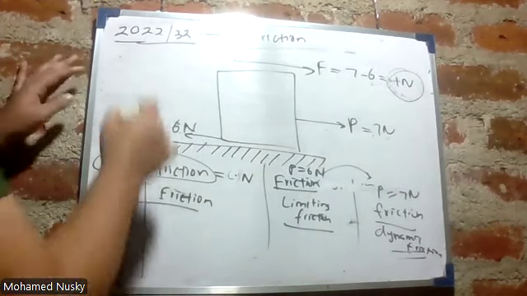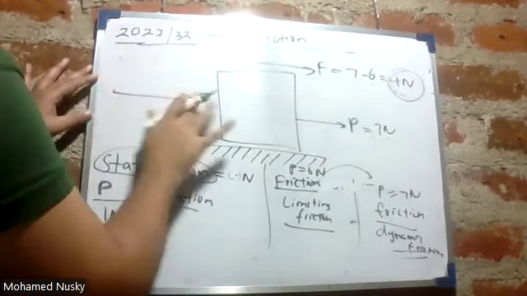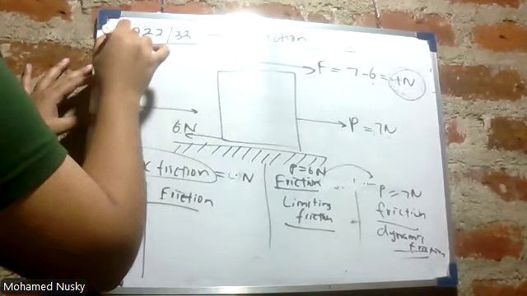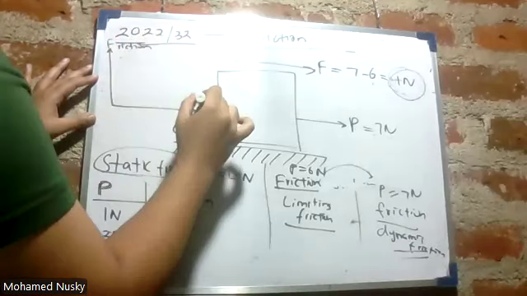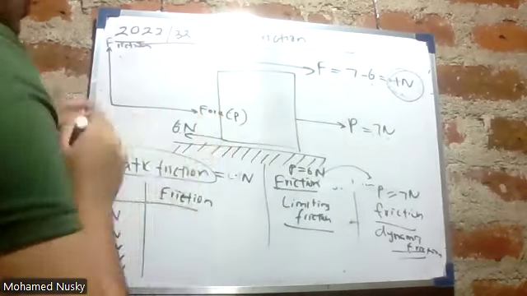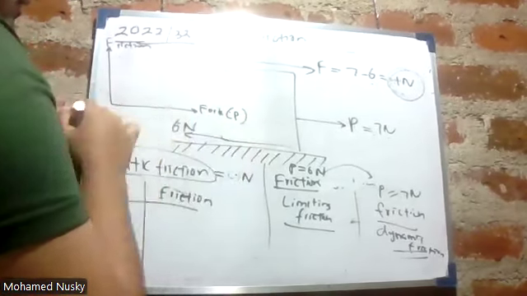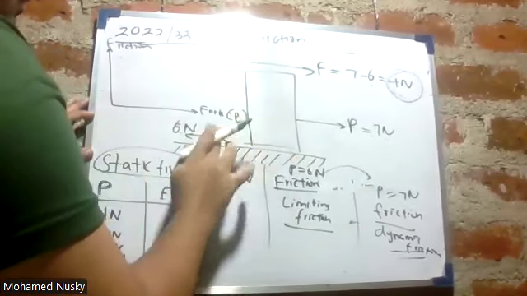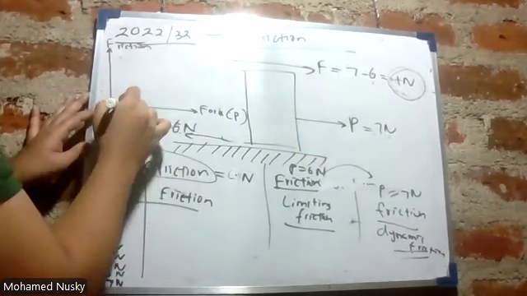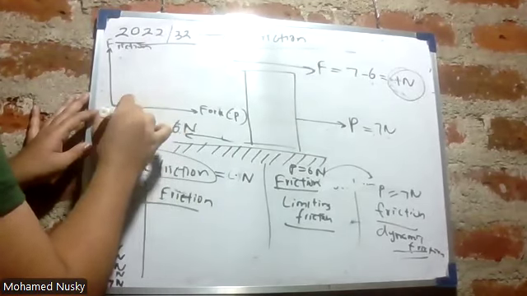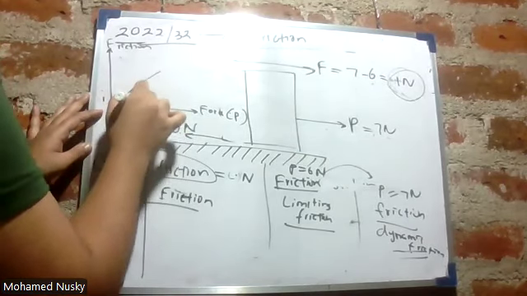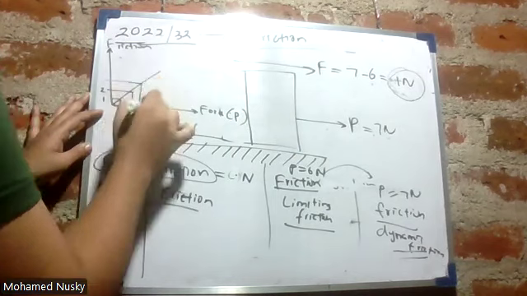So now the diagram for friction versus force. The force here is P. When I apply 1 Newton, 2 Newton, here the friction is 1, here friction is 2, here friction is 3.